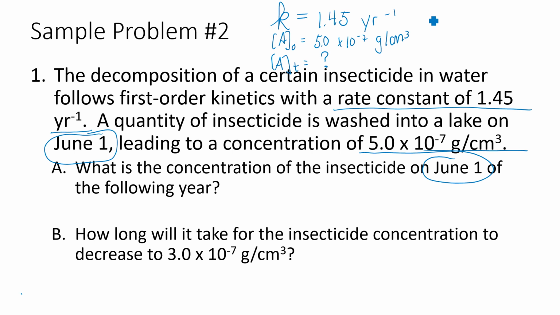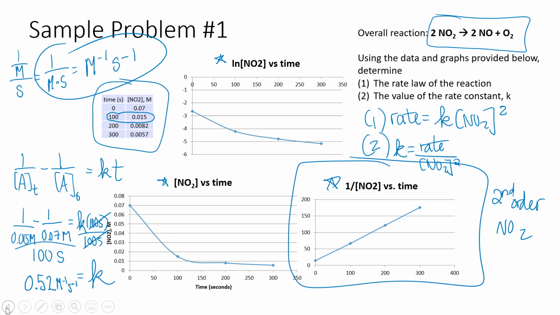So that tells me that 1 year has passed, so my t equals 1 year. This problem also tells me that it is a first order reaction. That's important to know, because with the integrated rate laws there are different equations, and you have to know which equation to apply.